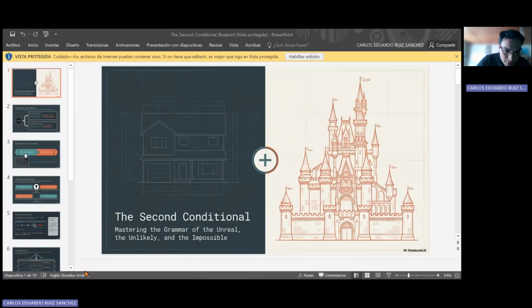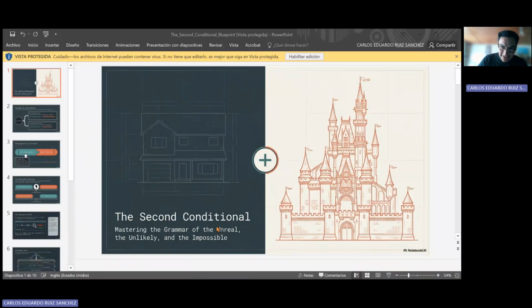With that, we can talk about present or future. Would and a base verb followed by an easy complement. We need to identify that in the result of this conditional, we need to use would, could, or might.